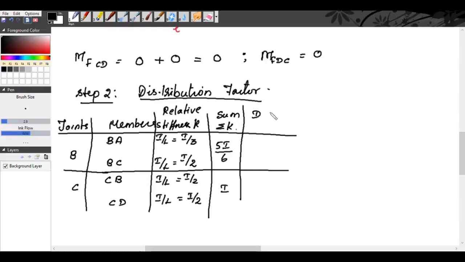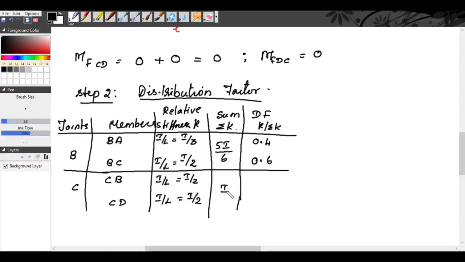Now we find the distribution factor. Distribution factor is equal to K by sigma K. So I by 3 divided by 5I by 6, we get 2 by 5, that is 0.4. Now I by 2 divided by 5I by 6, we get 3 by 5, that is 0.6.